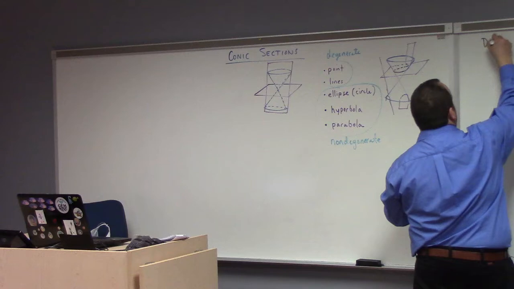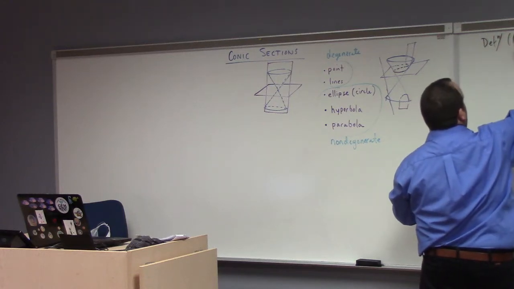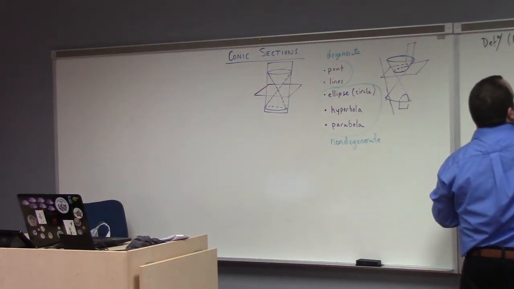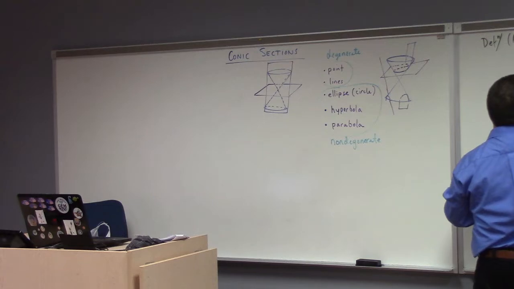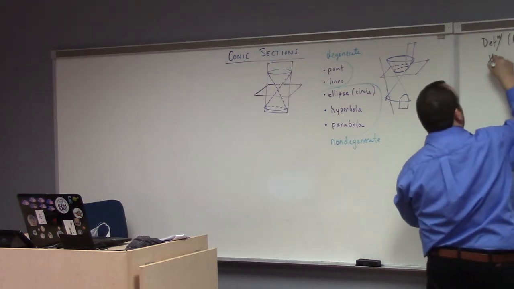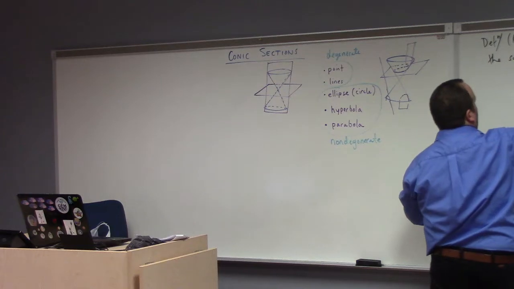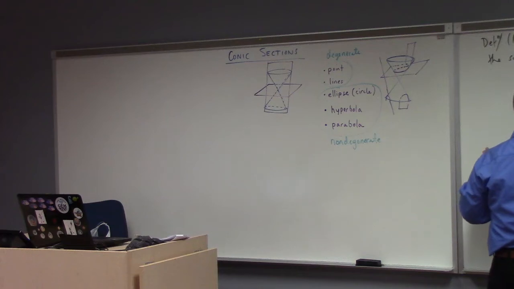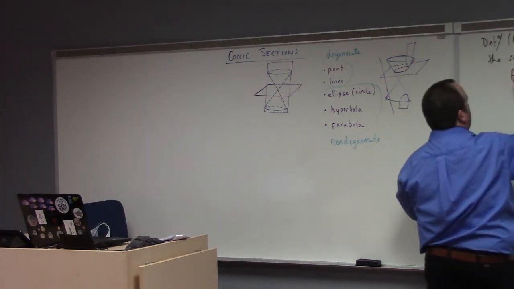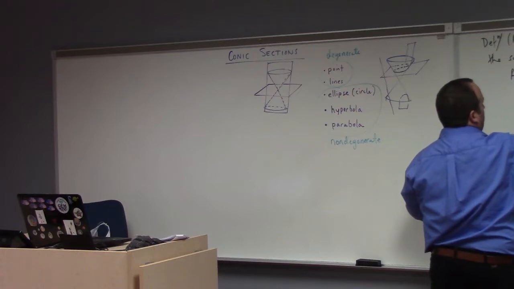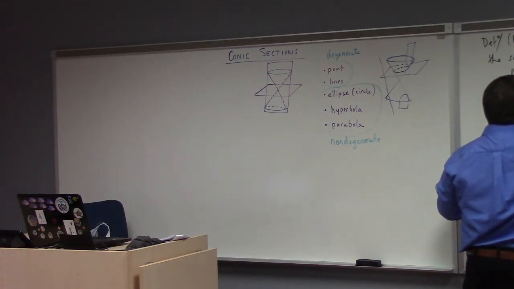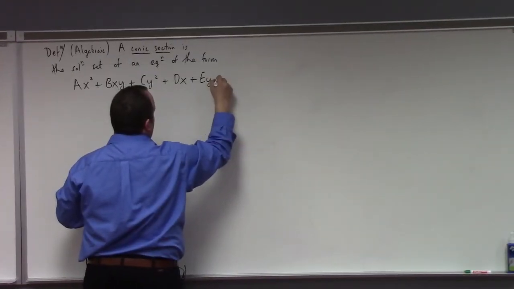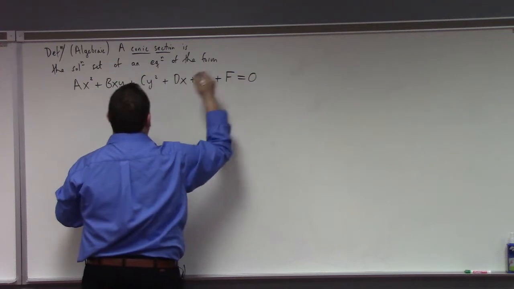And here's the other definition, algebraic, let's say, which is that a conic section is the solution set of an equation of the form ax squared plus bxy plus cy squared plus dx plus ey plus f equals 0.